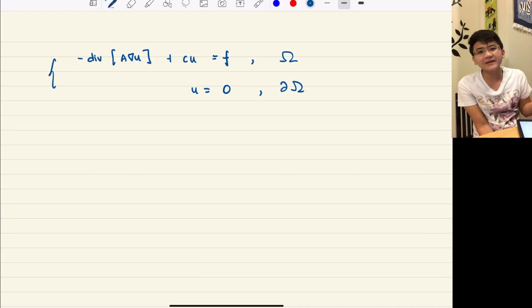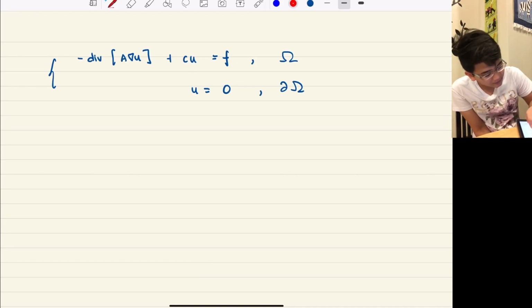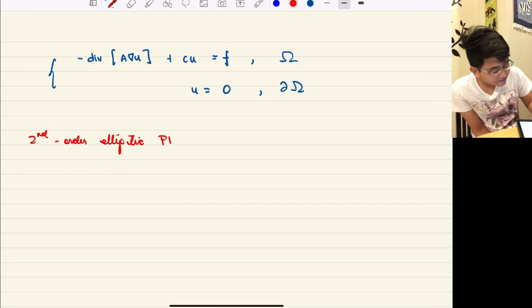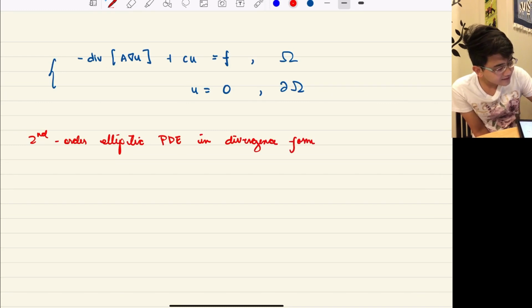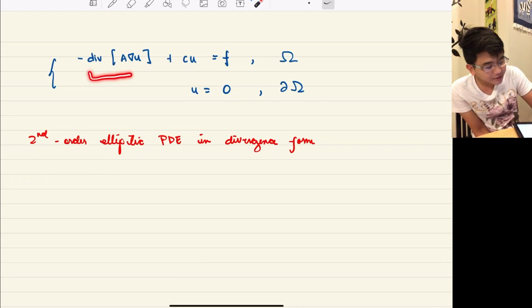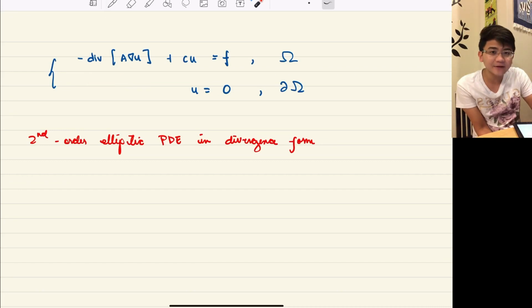This is an example of what we call a second order elliptic PDE in divergence form. We say that it is in divergence form because the second derivatives occur in this term here. It's going to be like divergence of something.